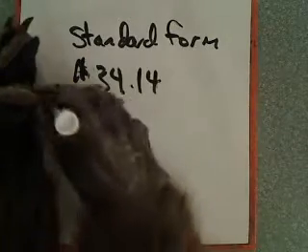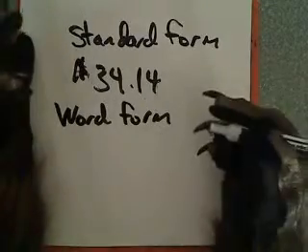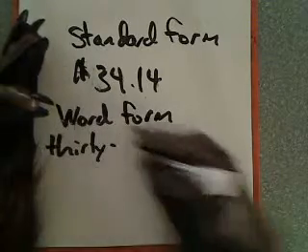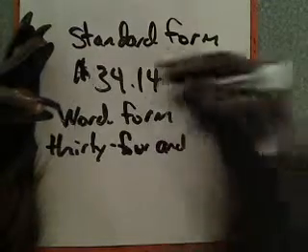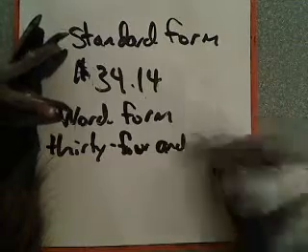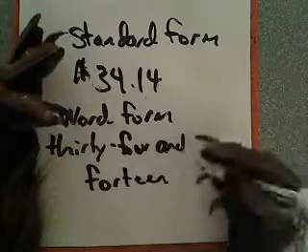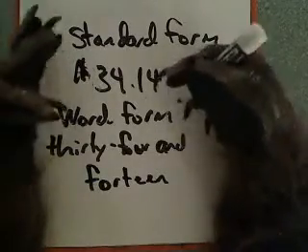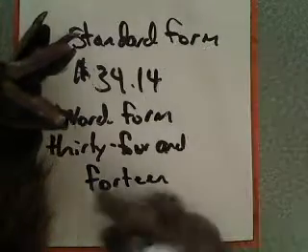Now the other one is called word form, and this is actually put in words. So you would say 34, and with that decimal there, you always say and, 14, and then wherever the place value is, the last number, that's what you say. 14, say it, hundredths.